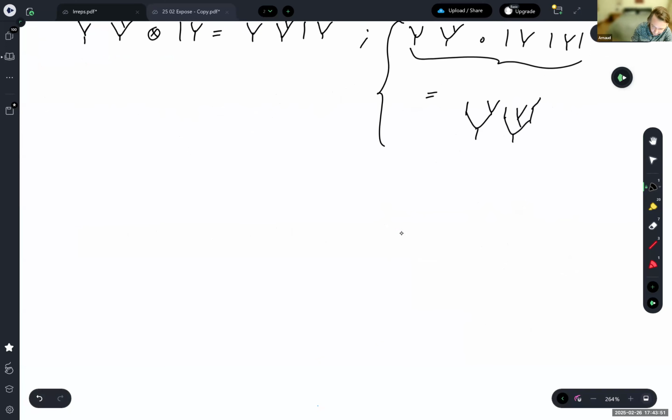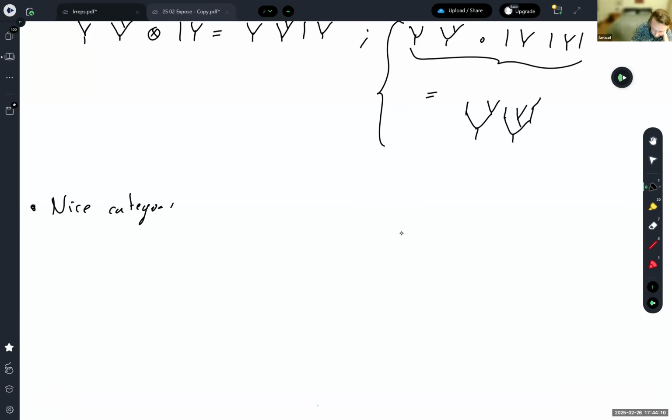So let's look at, well, maybe I should look at Thompson's group F, sorry. So let's look at Thompson's group F. Let's say it's a nice category with a calculus of fractions.